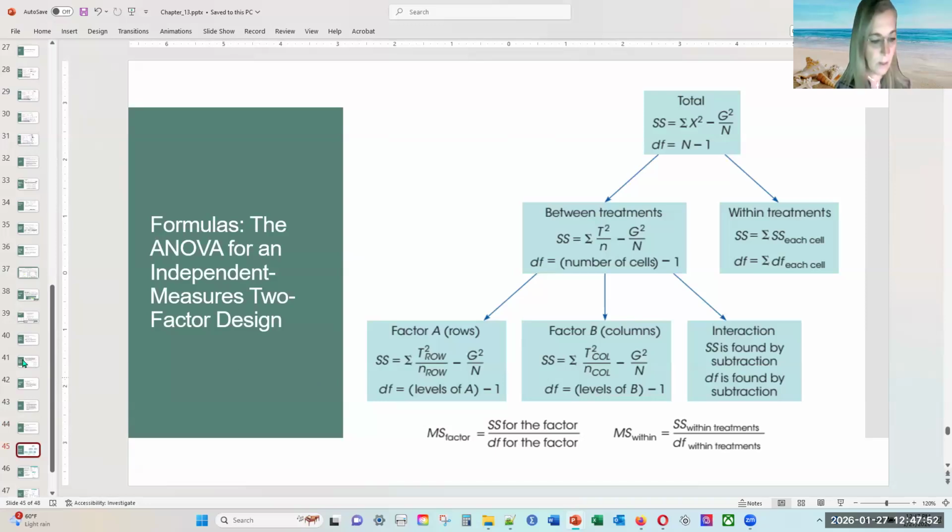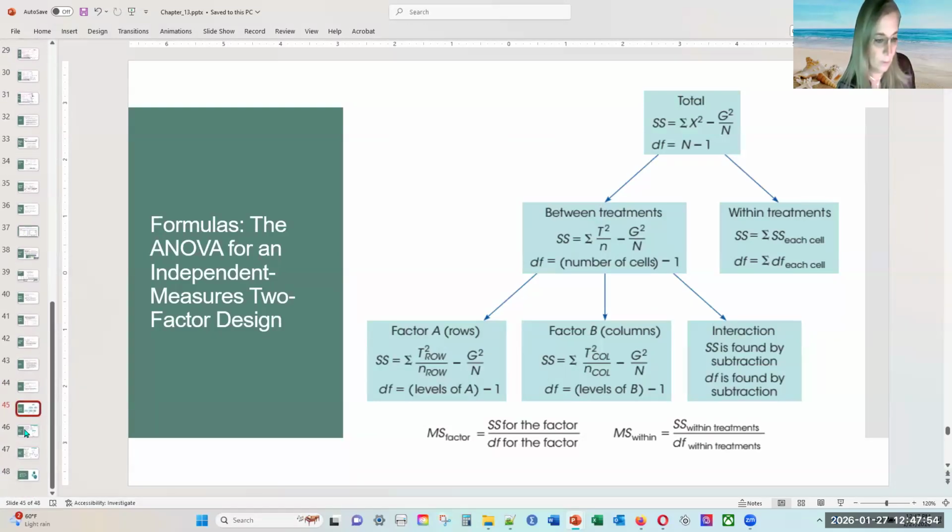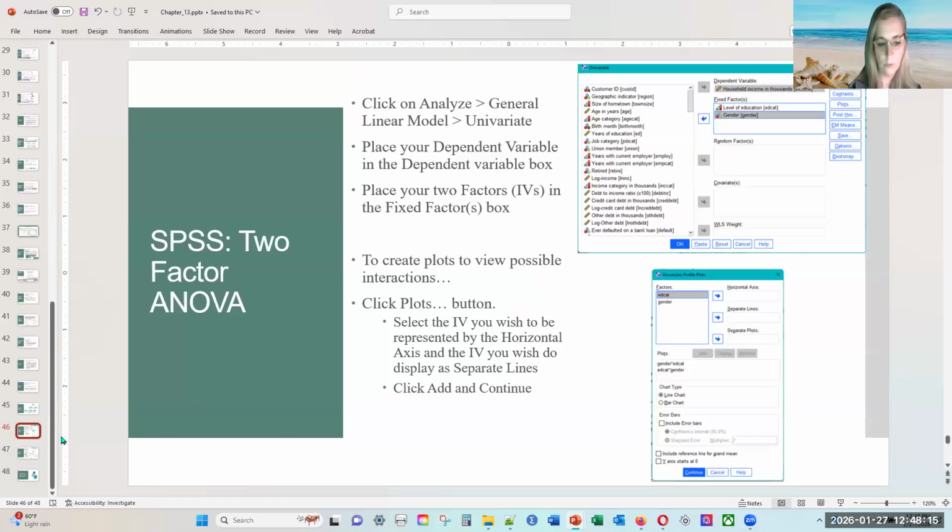All right, so I provided a few slides here. I provided you a slide to give you an overall visual of the formulas needed to calculate the factorial ANOVA. Another one is probably a good slide to print out so you can study and keep to help you learn how to do this.